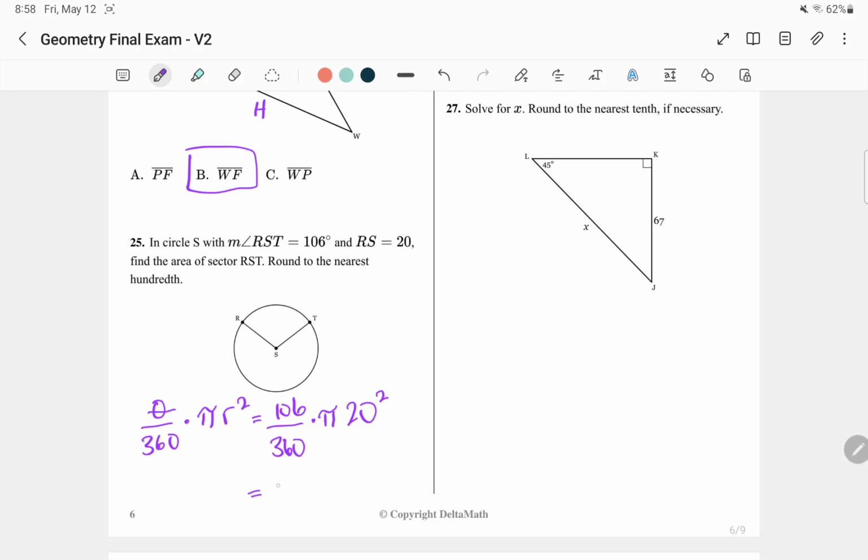So that's going to be 370 point, and then it's the nearest hundredth. So this one's a little weird. It's 0.009, which means this rounds to 370.01 units squared.